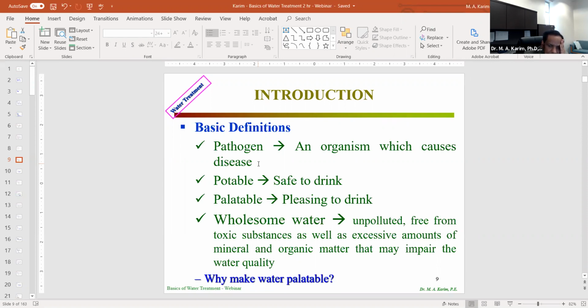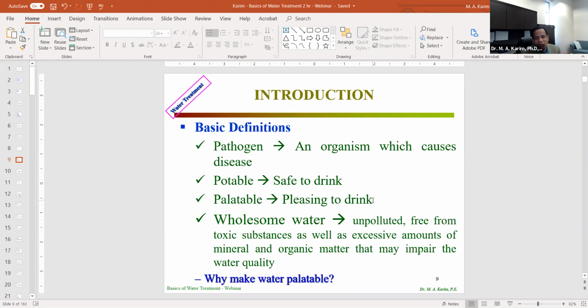Okay, so there are a little bit of differences between wholesome water, palatable water, and potable water, right? Now the question is why we make water palatable, that is, pleasant to drink. It's definitely people's psychology. If I see colored water, most likely our mentality is that we would like to drink water that is crystal clear, other than Coke or Fanta or Sprite.